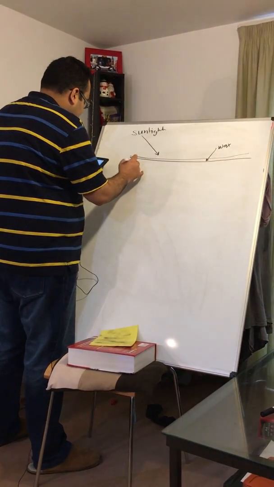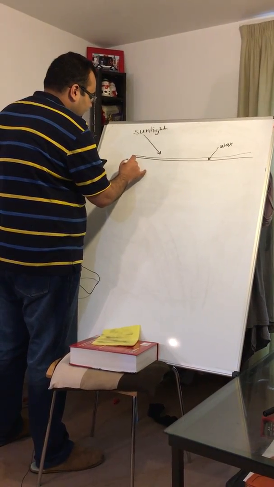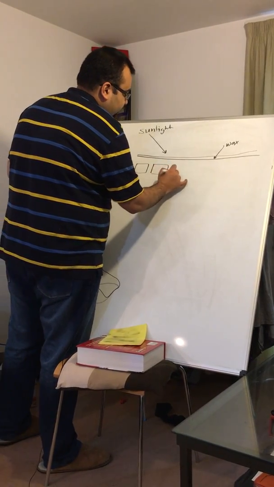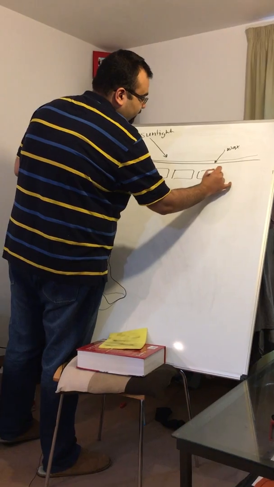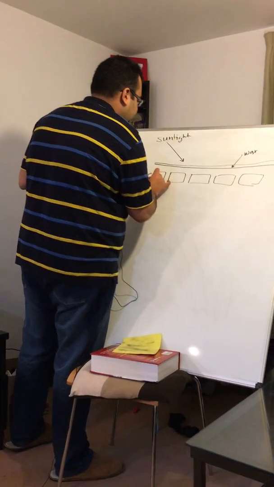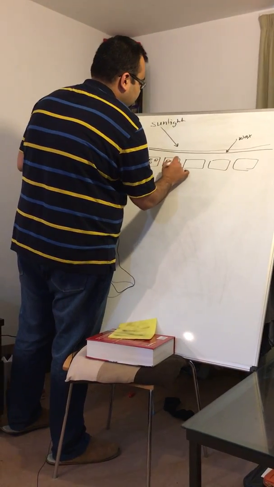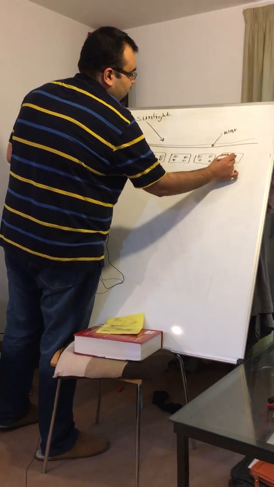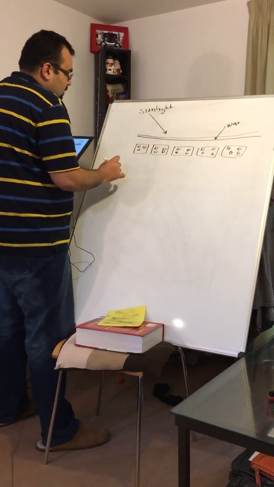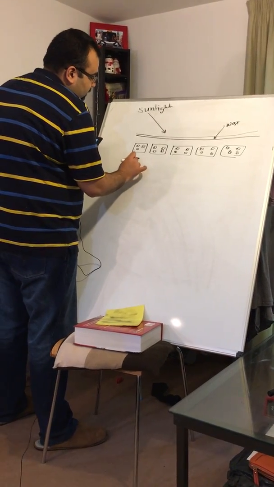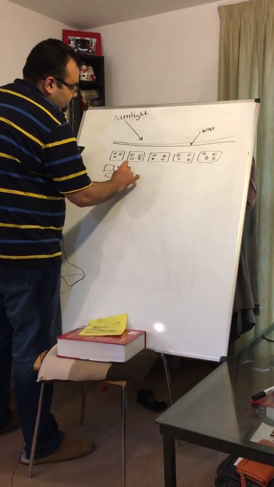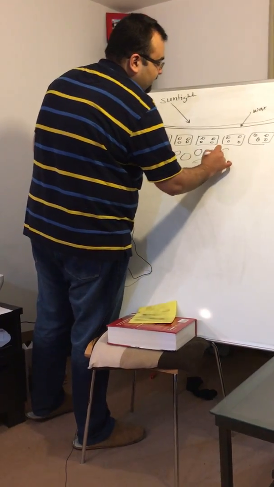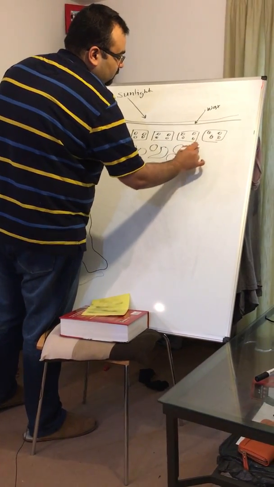Then followed by this, there is a layer of cells which have chlorophyll in them. Let's make it like this, that they have got chlorophyll. This is that green colored stuff that is present. Below that, there is a spongy layer of cells, arranged haphazardly with a lot of space in between them.